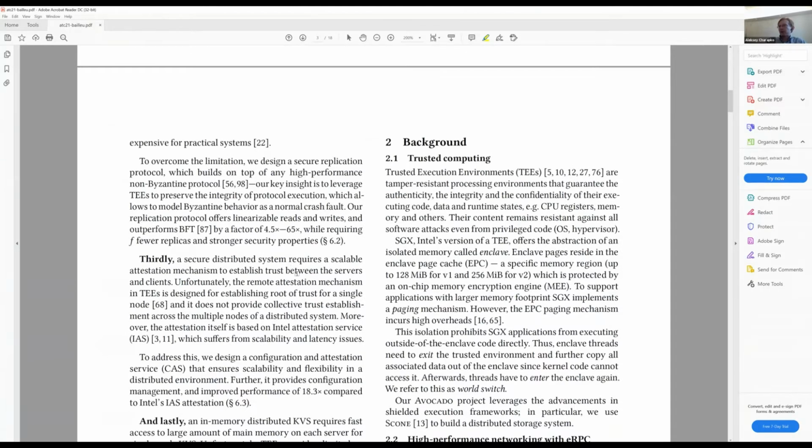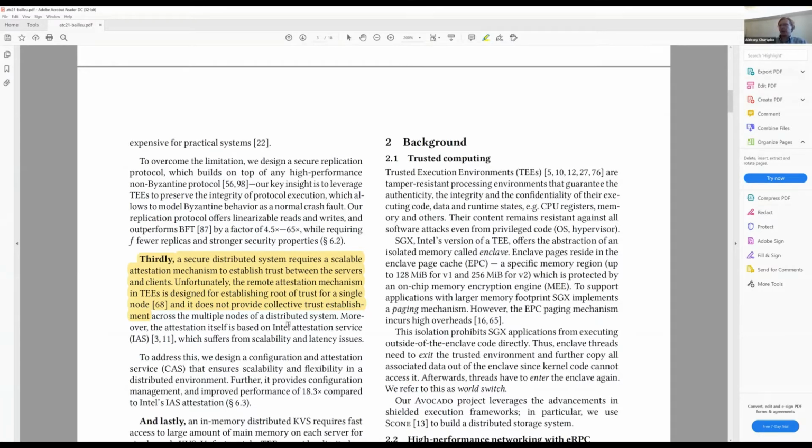Another problem that they face is this attestation mechanism, right? In this trusted enclave, you have a mechanism to verify that it's not corrupt, essentially. So it's running what it's supposed to be running, the memory is okay, and you need to establish this kind of trust.